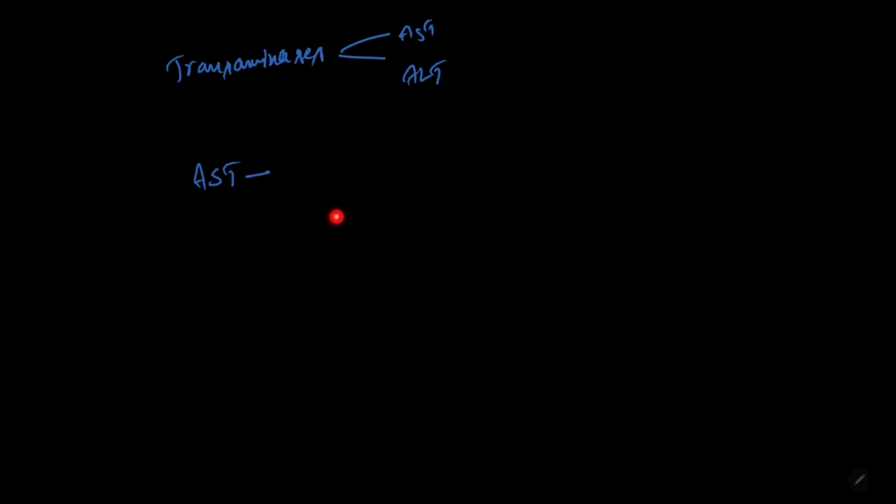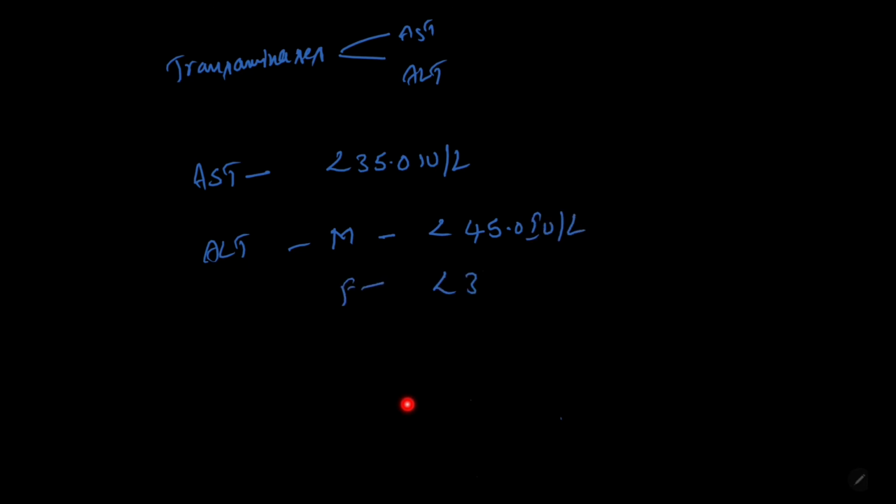AST normal range is less than 35 international units per liter, whereas ALT in case of men is less than 45 international units per liter. In case of female candidates, it is less than 35 international units per liter.